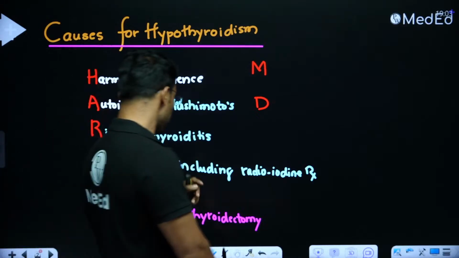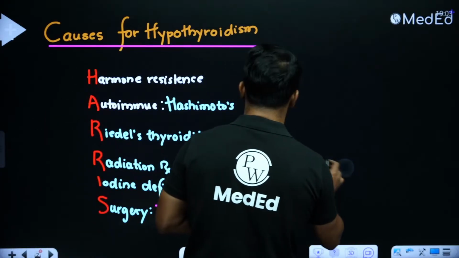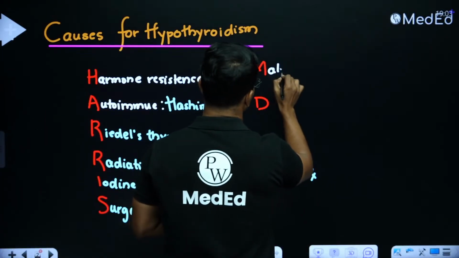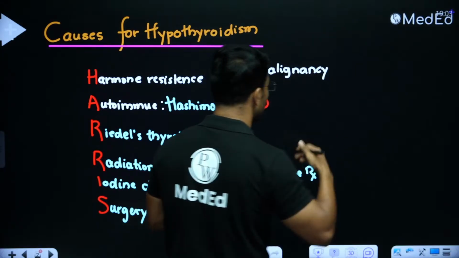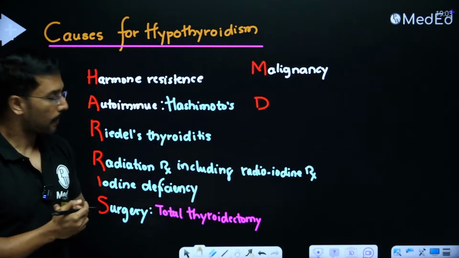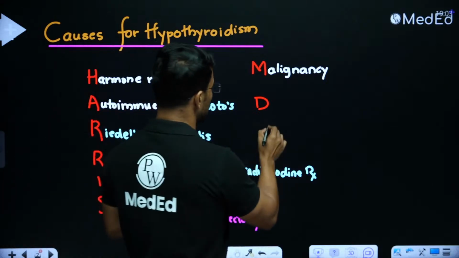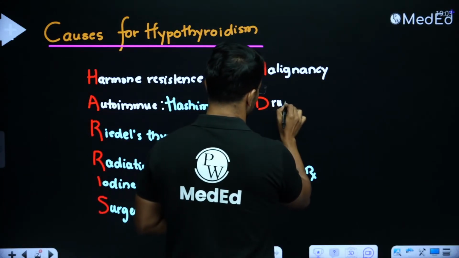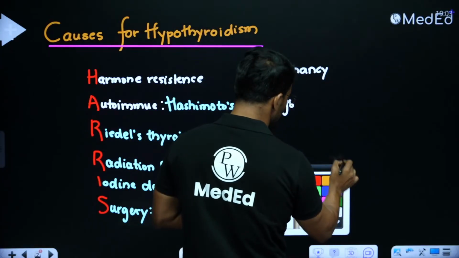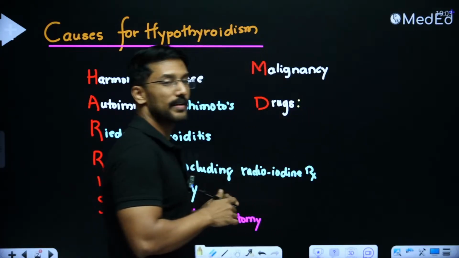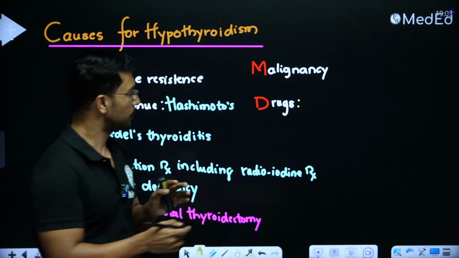Okay. Then M here stands for malignancy. So it could be thyroid cancers as well as non-thyroid cancers where there is metastasis to the thyroid gland. Okay. Then D here stands for drugs. And as an undergraduate student, one drug that you should not miss to remember when it comes to the thyroid gland is amiodarone.